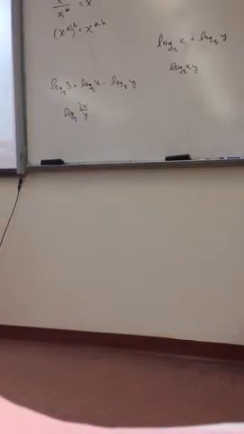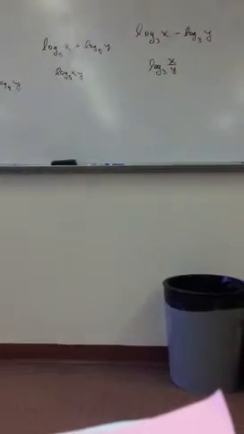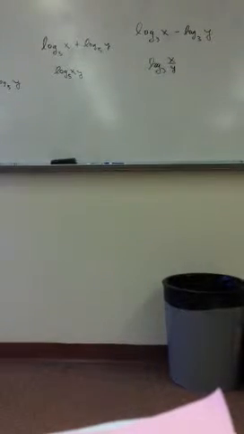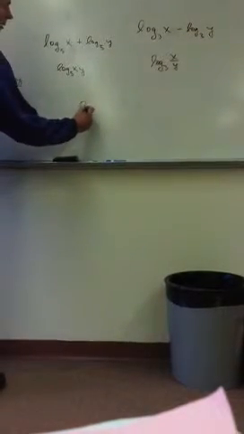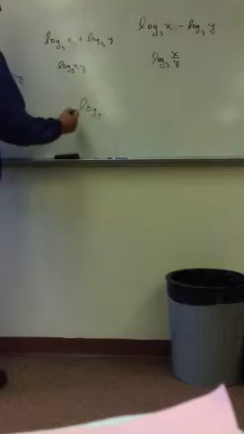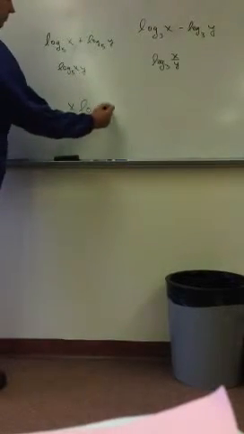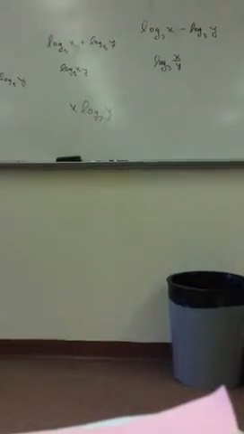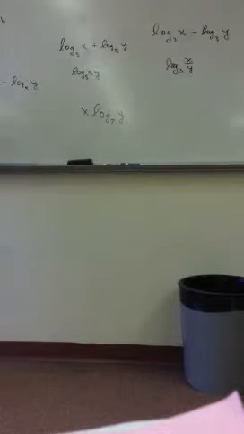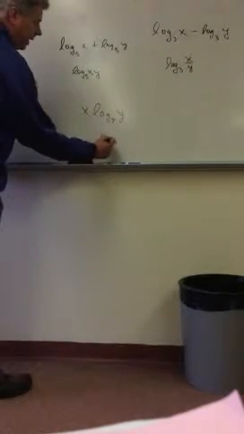Okay? So there's 3 rules for logarithms you need to know. We've already been through the first 2. Adding means multiply. Subtracting means divide. Here's the next one. If you have this, where something's being multiplied, this is the one that kids seem to blank on.